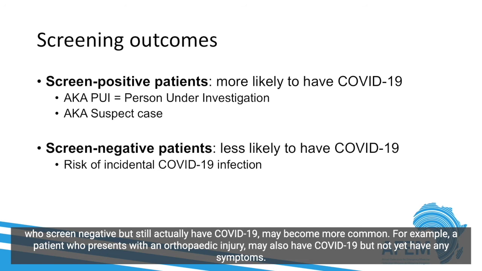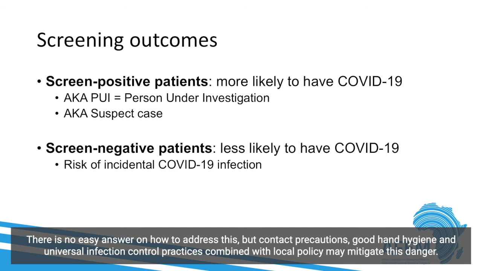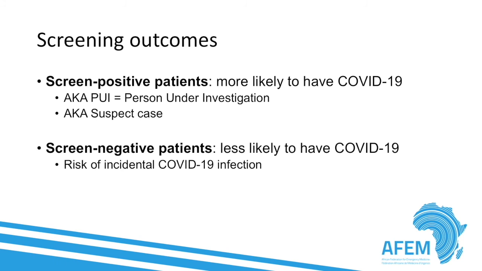For example, a patient who presents with an orthopedic injury, such as a broken bone, may also have COVID-19 but not yet have any symptoms. There is no easy answer on how to address this, but contact precautions, good hand hygiene, and universal infection control practices combined with local policy may mitigate this danger.